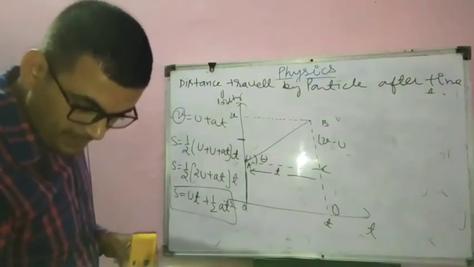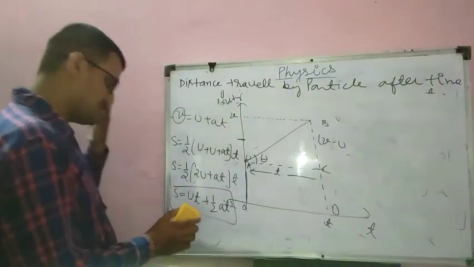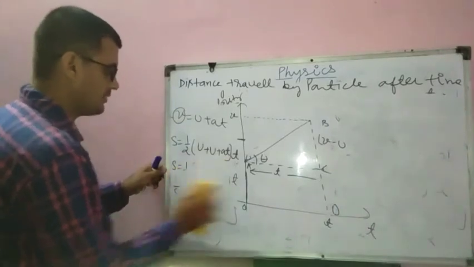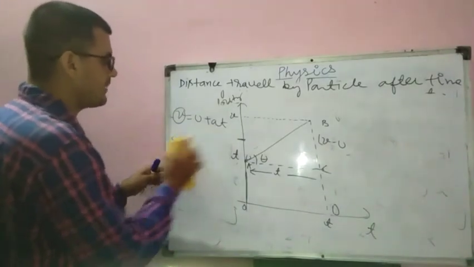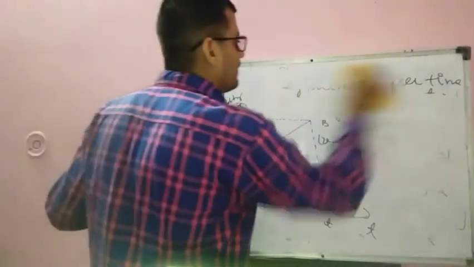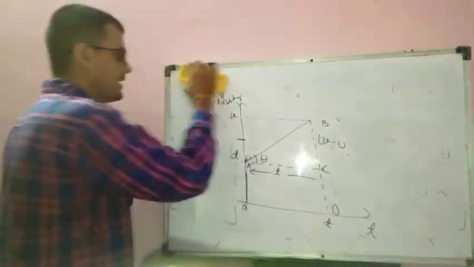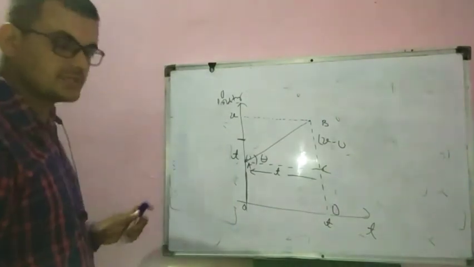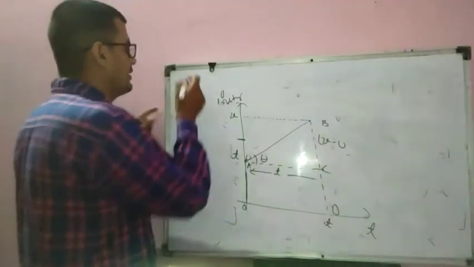Velocity attained after traveling a distance S. What? Velocity attained by the particle after traveling distance S. By using the same graph we will calculate it.